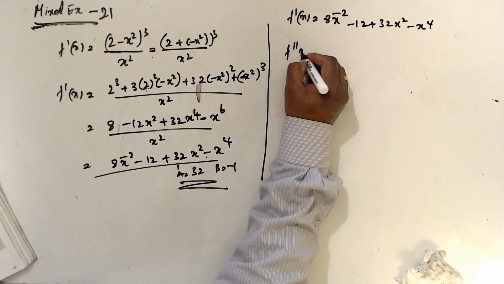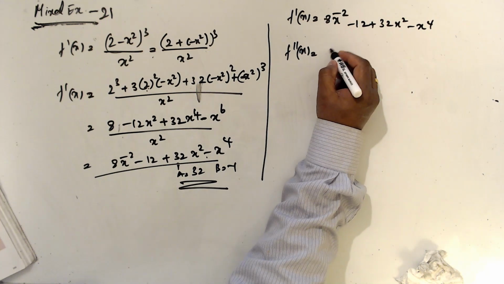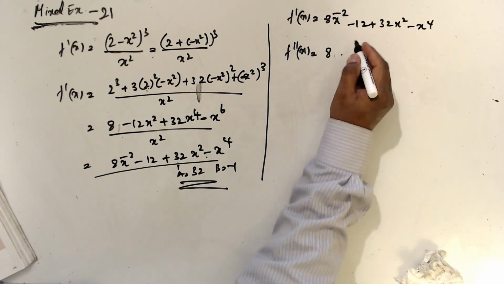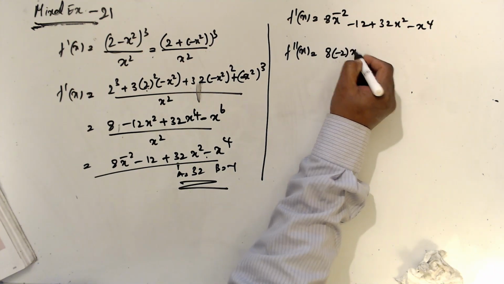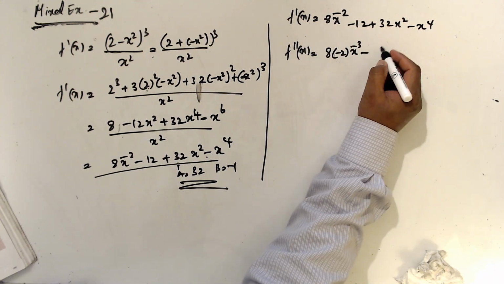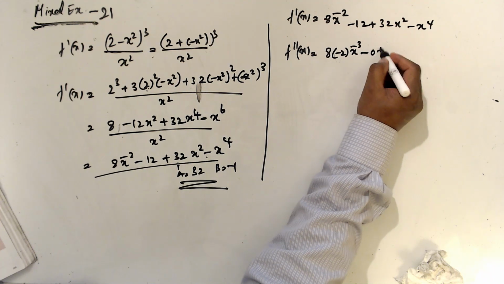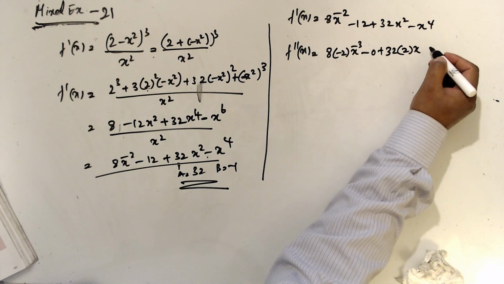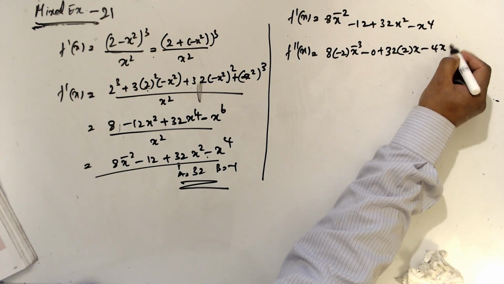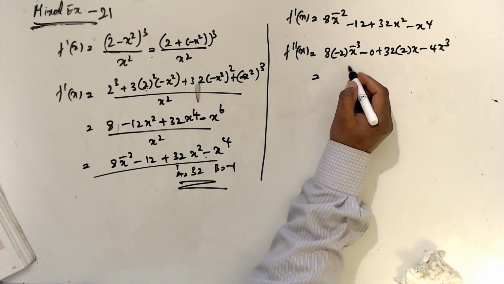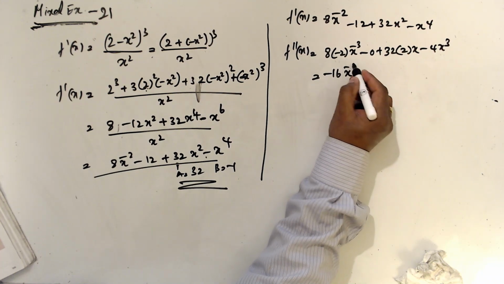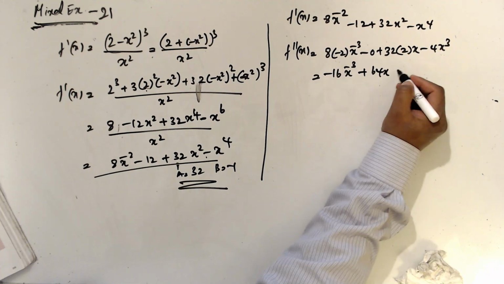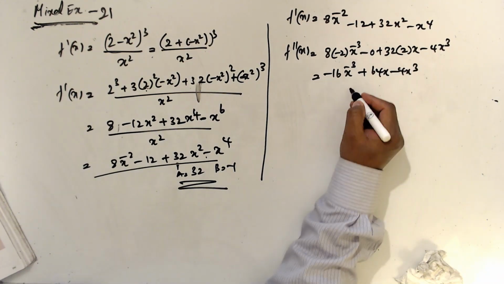So f double dash x equals 8 minus 2x to the minus 3. This is going to be 0 and 32 times 2x minus 4x cubed. So this is going to be minus 16x to the minus 3 plus 64x minus 4x cubed.